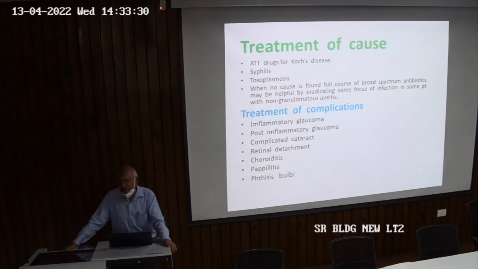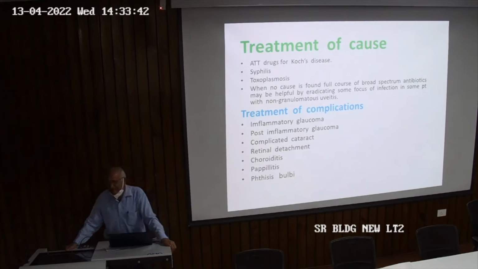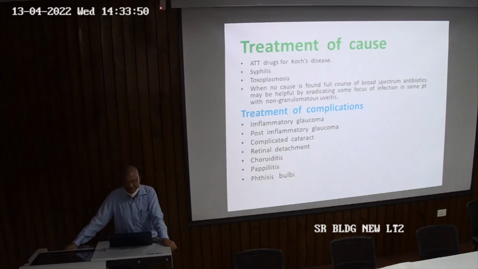Treatment of the causes. Once we have diagnosed the cause, then we start specific drugs like anti-tubercular drugs in Koch's disease. Suppose we have diagnosed tuberculosis, then we will start isoniazid, ethambutol, and thiacetazone. Syphilis, toxoplasmosis.